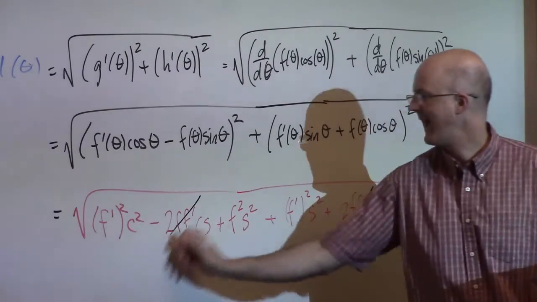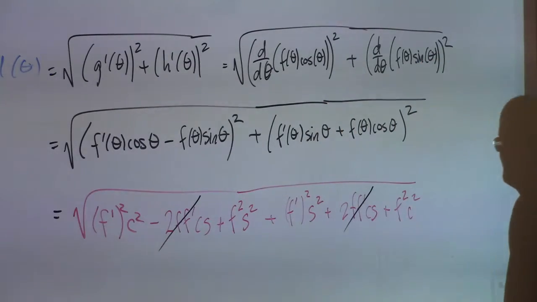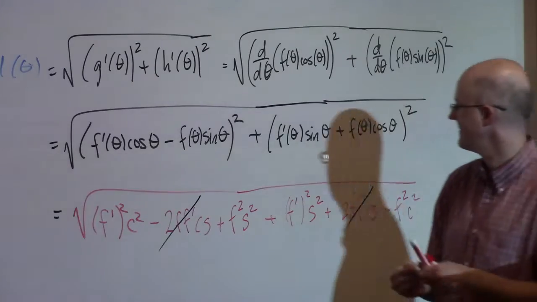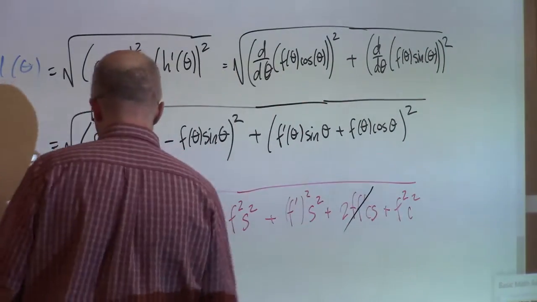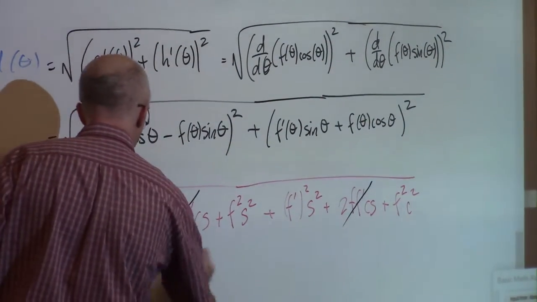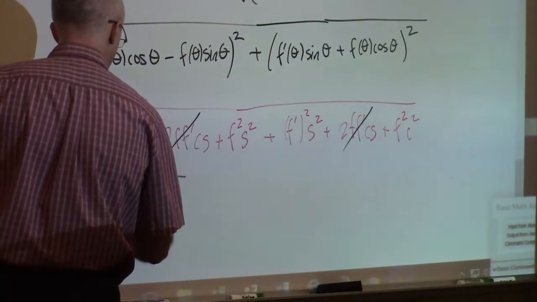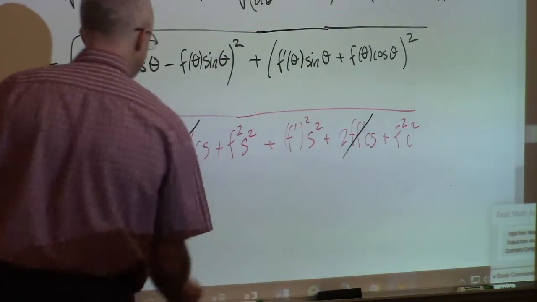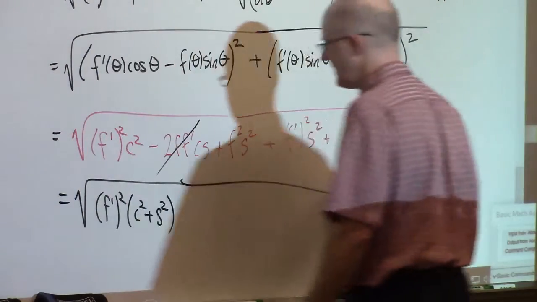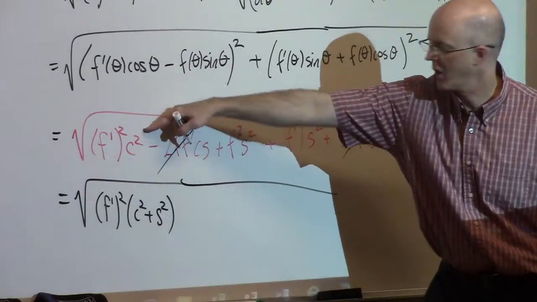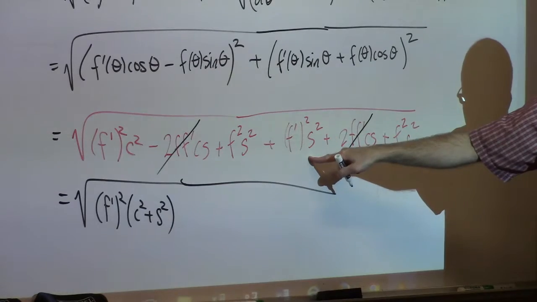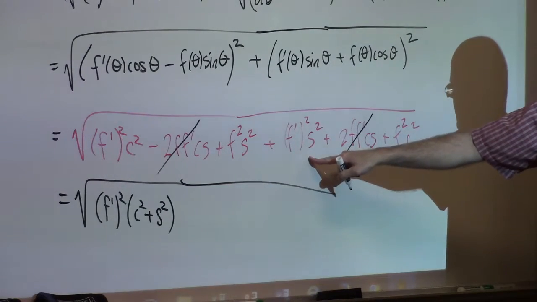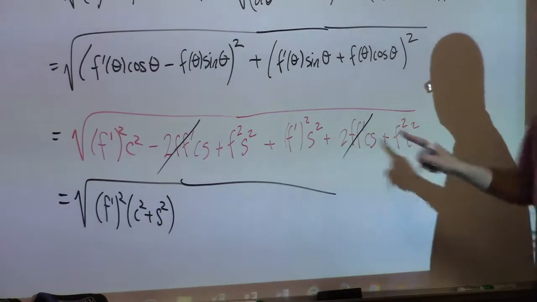This cancels with that. Group together the two terms that involve f prime, and you'll be able to factor out the f prime squared. That comes from this term and that term. And then there's two other terms that involve f instead of f prime, this one and this one.